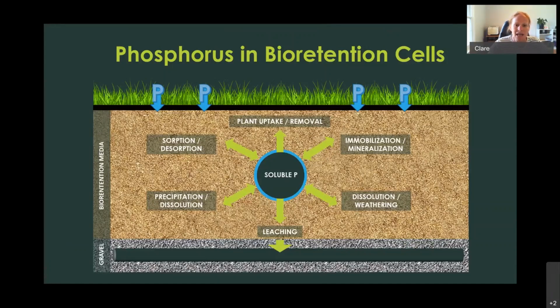So part of this study is trying to understand how we can enhance the removal processes in these systems. And rather than just considering bioretention cells as black boxes and measuring the influent and effluent, we're trying to also understand what's happening within the pore water and the sediment so we can better optimize these systems for phosphorus removal.